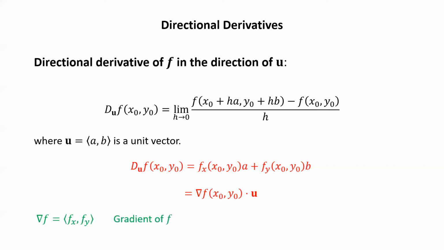This is known as the gradient of f. So in the future, I'll probably read del f simply as the gradient of f. In other words, a nice way to compute the directional derivative of f in the direction of a unit vector u is by taking the dot product of the gradient of f with the unit vector u.